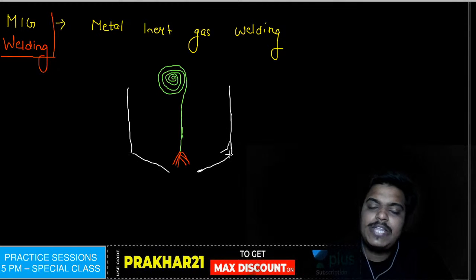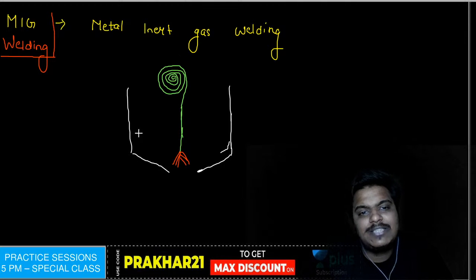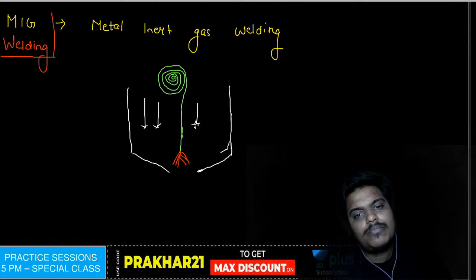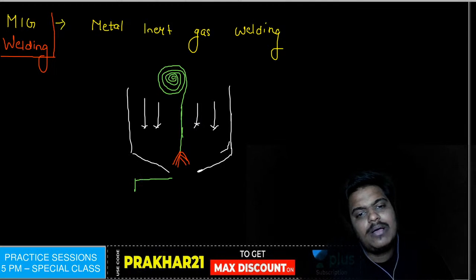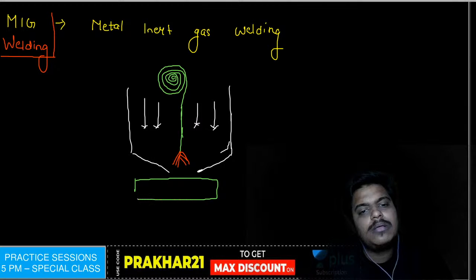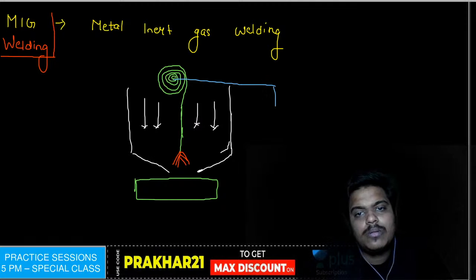I am just changing the electrode. From here the inert gas will flow. It will be connected to a power source. Here you have a workpiece, and both of them will be connected to a power source. This is your power source.